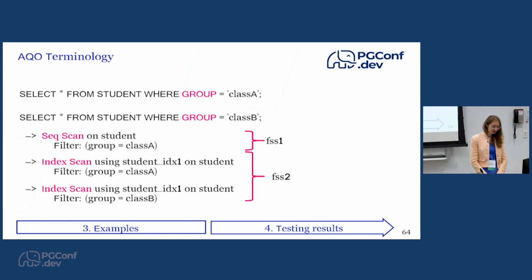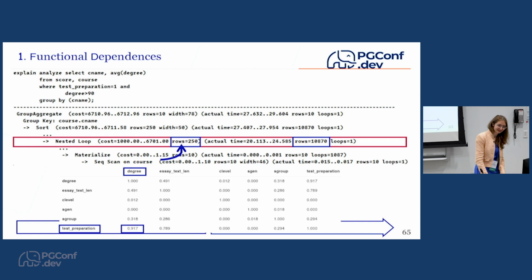And we have several ways to execute a scan of the student table. You can see that index scan nodes belong to one feature subspace, while sequence scan has another type of execution, and it belongs to another feature subspace. I hope it is clear.